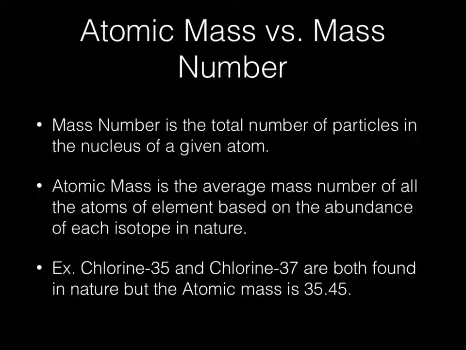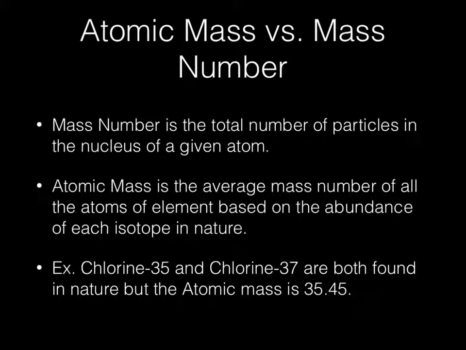For example, chlorine's an easy one because chlorine has 2 isotopes, chlorine-35 and chlorine-37. They're both found in nature. They're both chlorine. They both possess the same chemical properties. But there is more chlorine-35 than there is chlorine-37, which means when you're dealing with chlorine in the lab, you're probably dealing with chlorine-35. There's no real way of knowing, but for the most part, we know chlorine-35 is what we're dealing with.